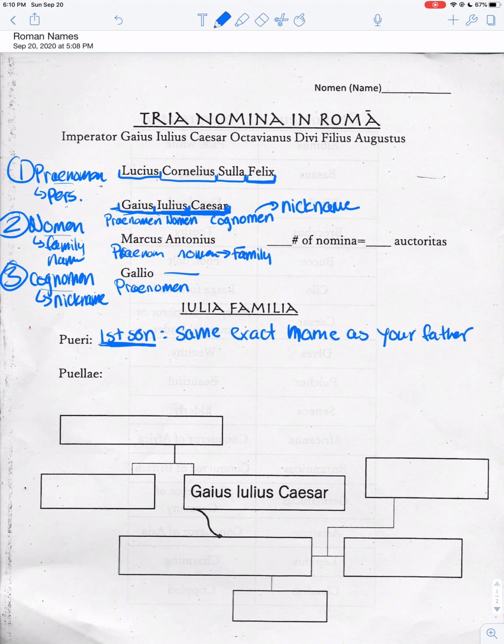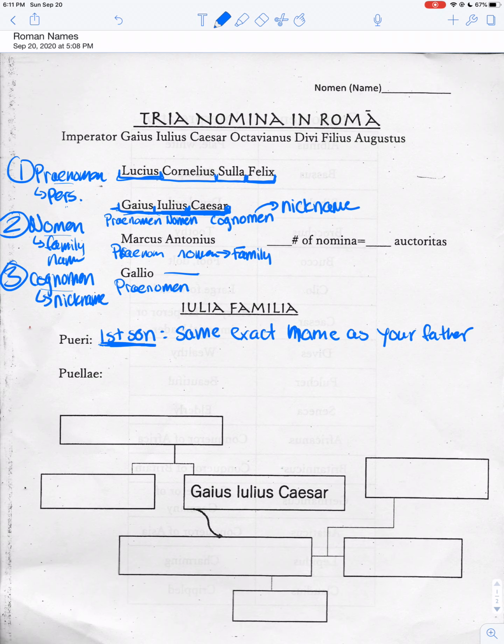Those are more of a name that you would call someone that you're acquainted with and you don't really know. So that's why, again, nowadays we call people by their last names, Mr. Smith, Mr. Johnson. And same thing back in Rome, they didn't say their first names, like Lucius. That was only for people who were close to them.